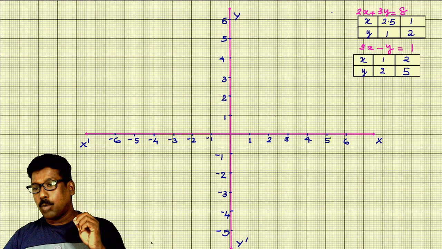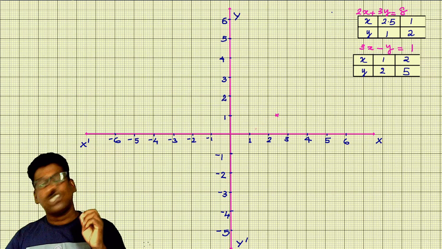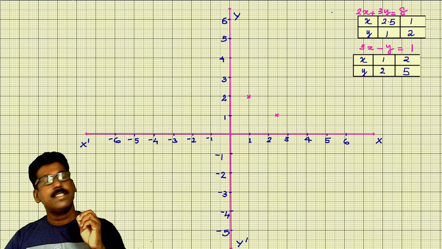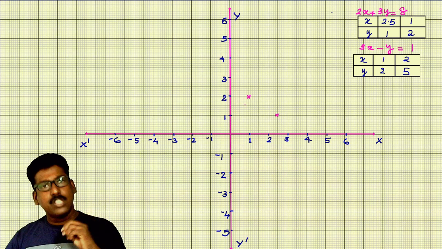So, we can plot that point. This is x is equal to 2.5, y is equal to 1. Similarly, x is equal to 1, y is equal to 2. Where will it be? Yes, the point will be here. This represents x is equal to 1, y is equal to 2. Now join these 2 points.